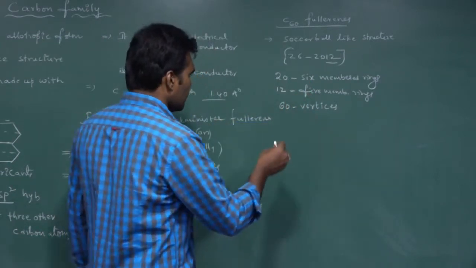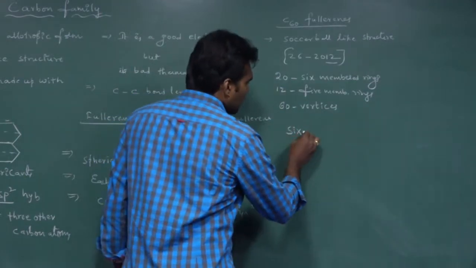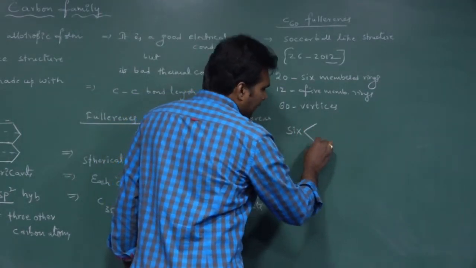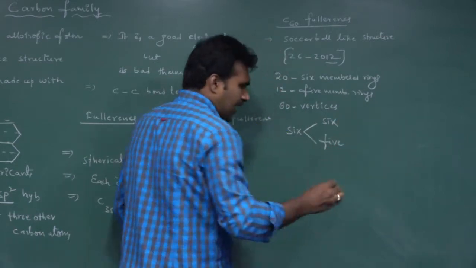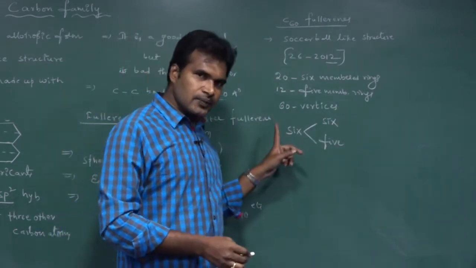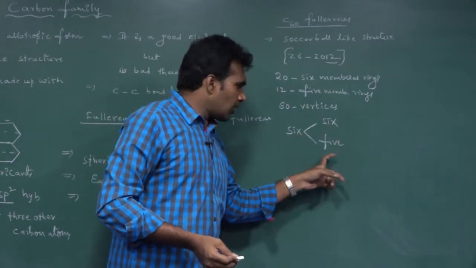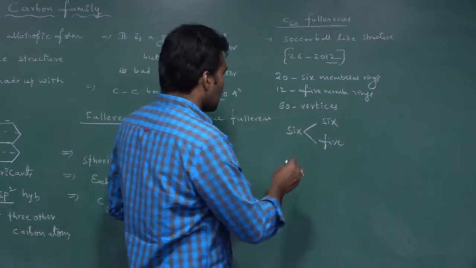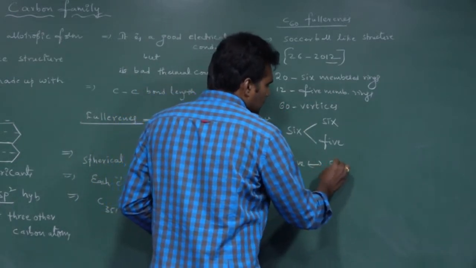One more condition on 6 membered and 5 membered rings. A 6 membered ring can attach with another 6 membered ring or 5 membered ring. It has the flexibility. But a 5 membered ring can only attach with a 6 membered ring.